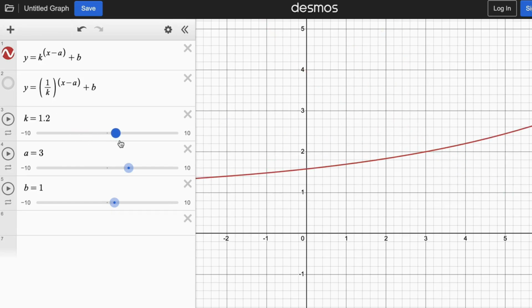Why does this happen? Well, as long as we have a whole number power, this will be fine. k to the power of something negative is going to be fine. Negative k to the power of something positive even is fine. But as soon as we go into our decimal numbers, a negative number raised to a fraction is like the square root or the cube root, something like that.